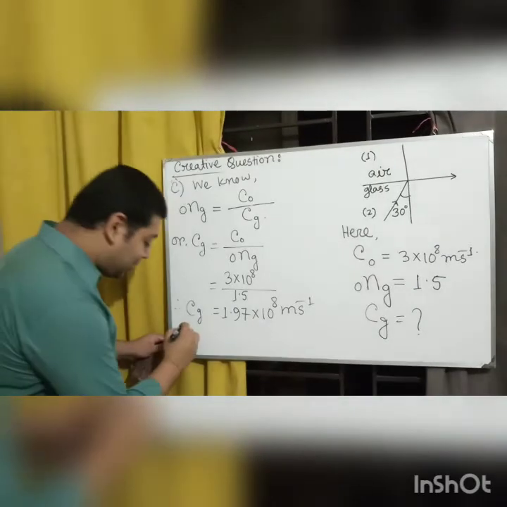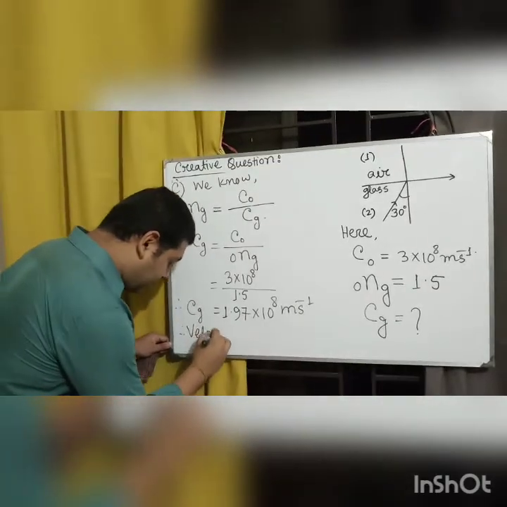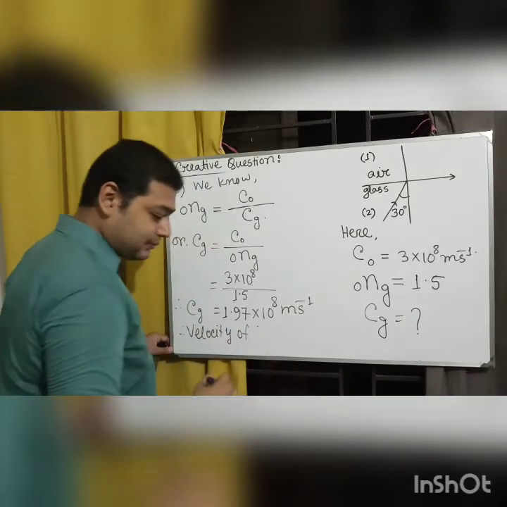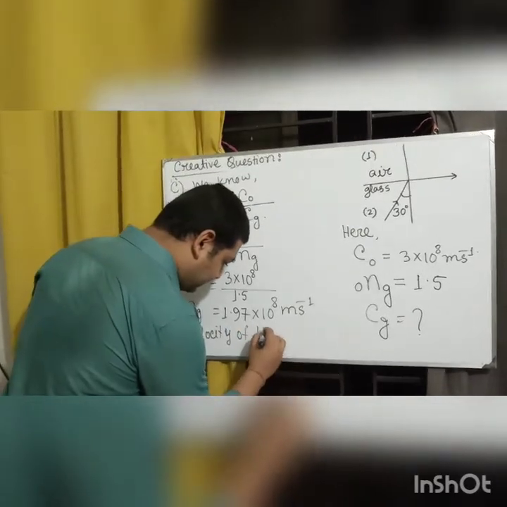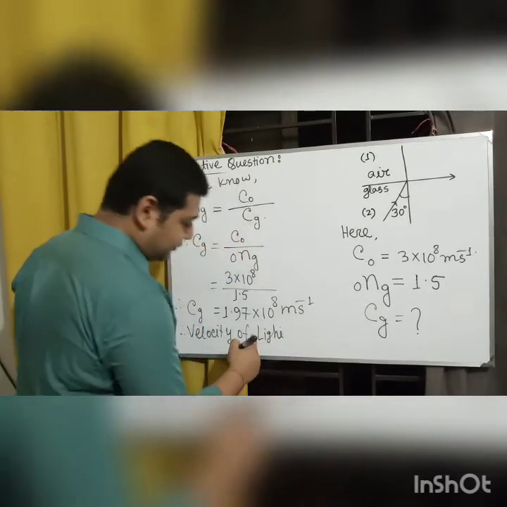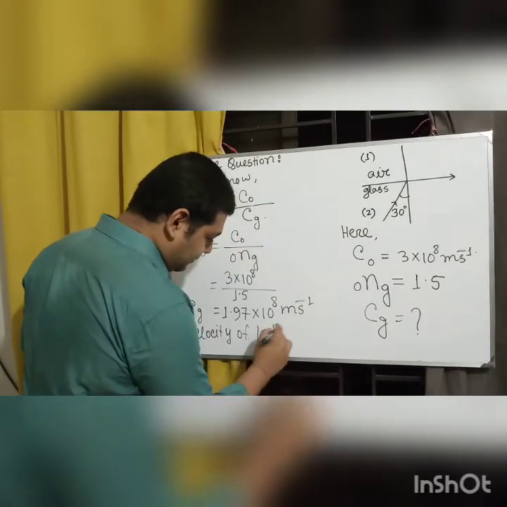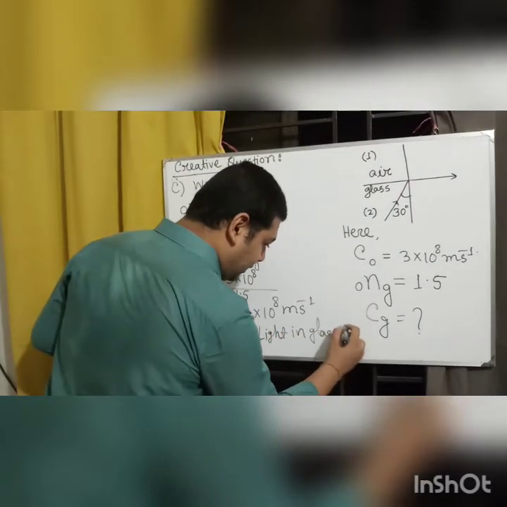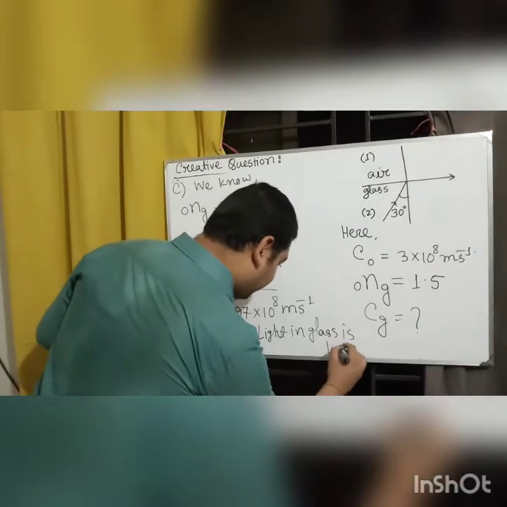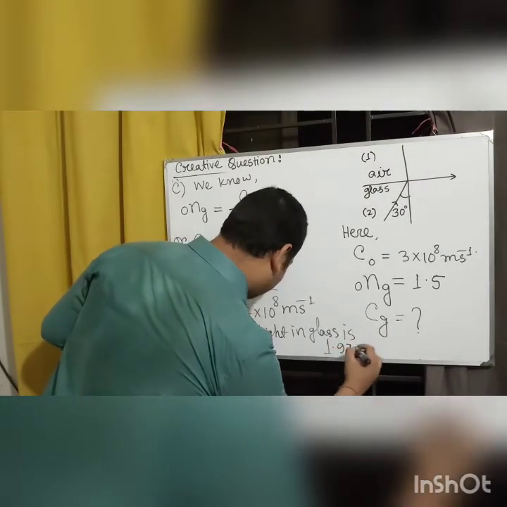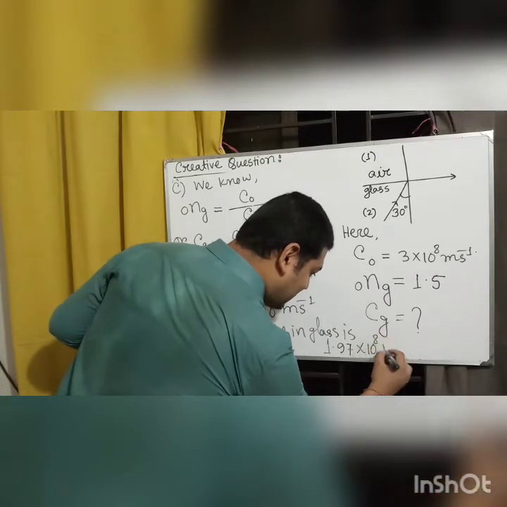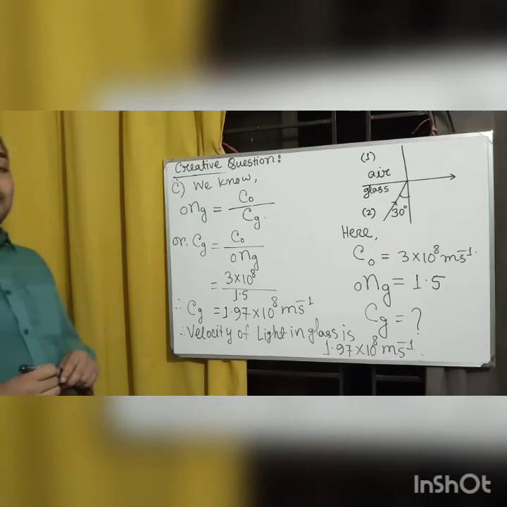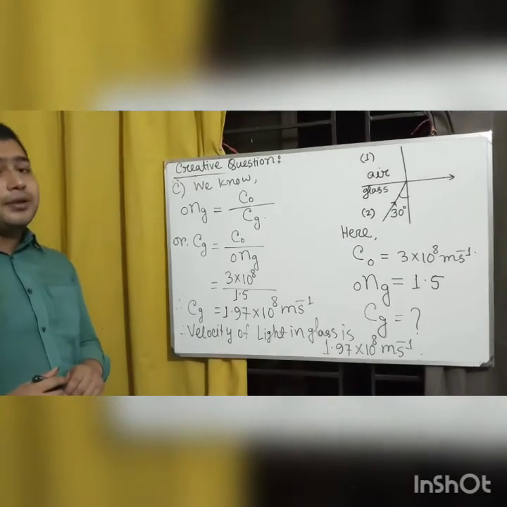So the velocity of light in glass is 1.97 into 10 to the power 8 meter per second. Okay, so this is our answer for question number C.